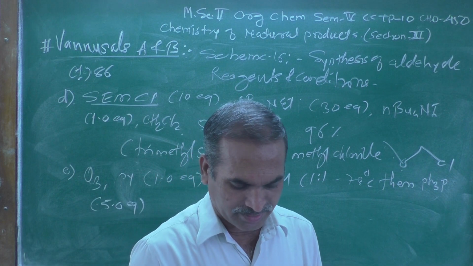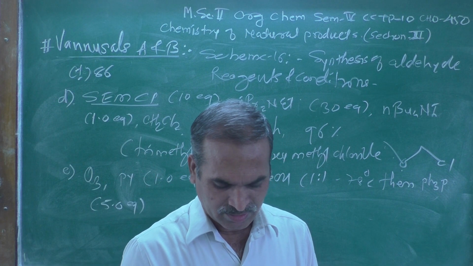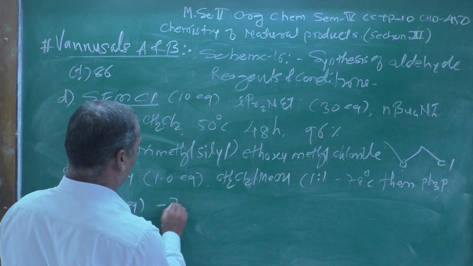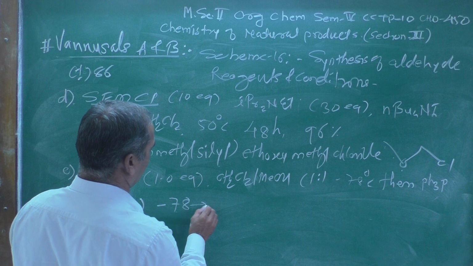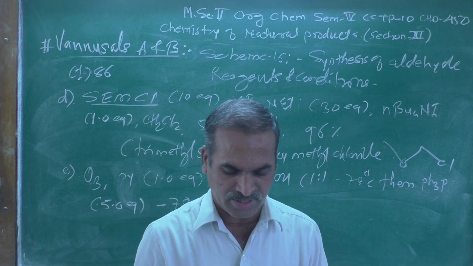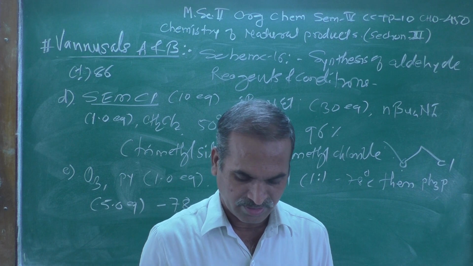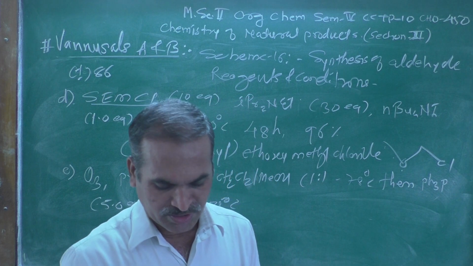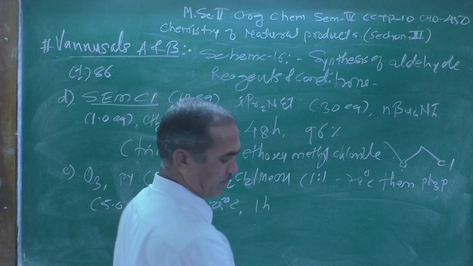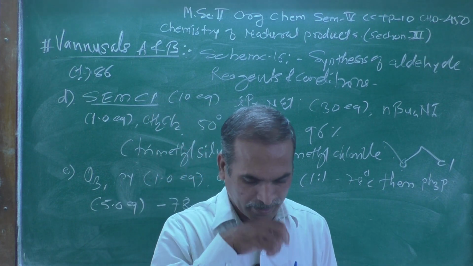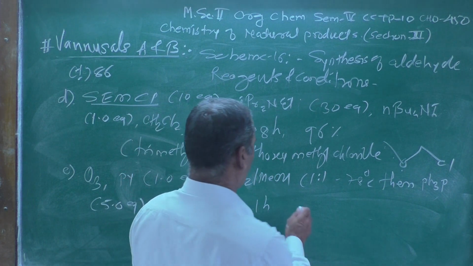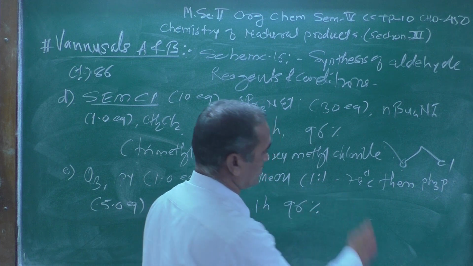After that, the temperature of the reaction was raised from minus 78 degrees centigrade to 25 degrees centigrade, meaning room temperature, and the reaction mixture was stirred for 1 hour, and the yield obtained was around 96%.